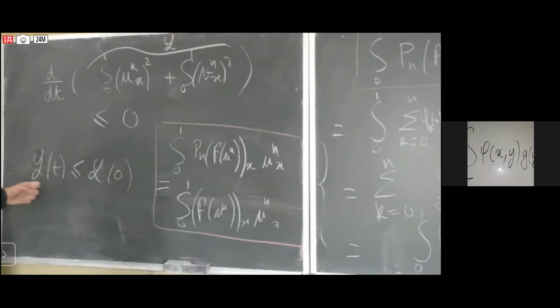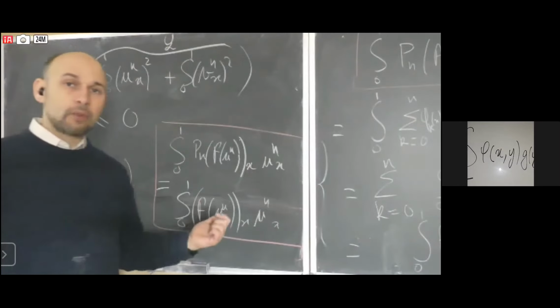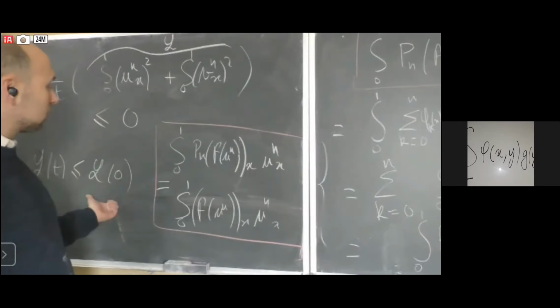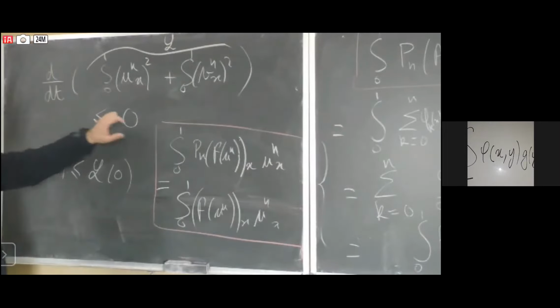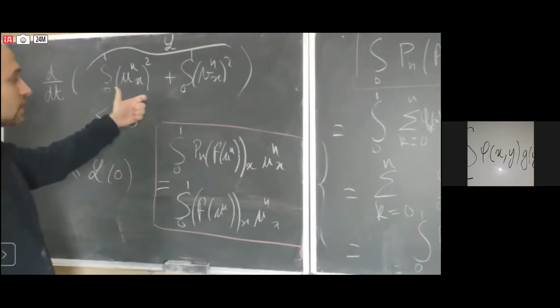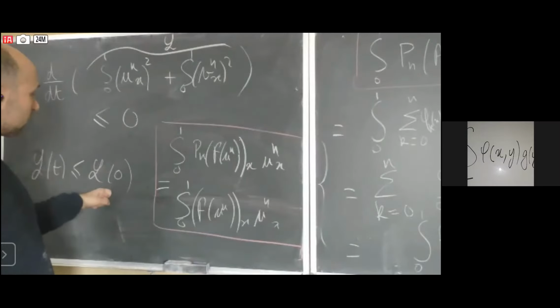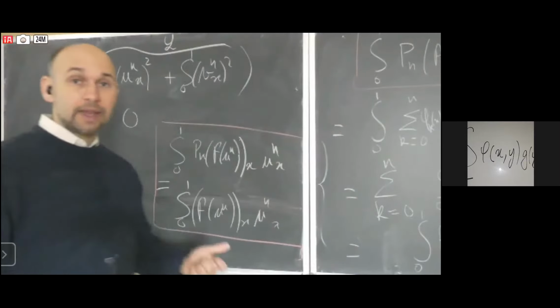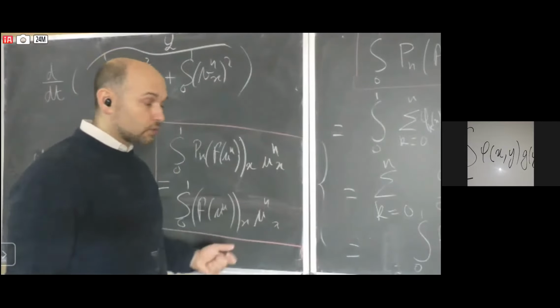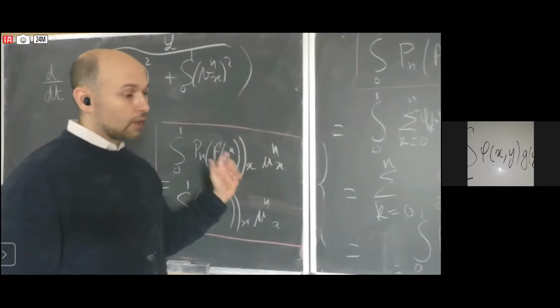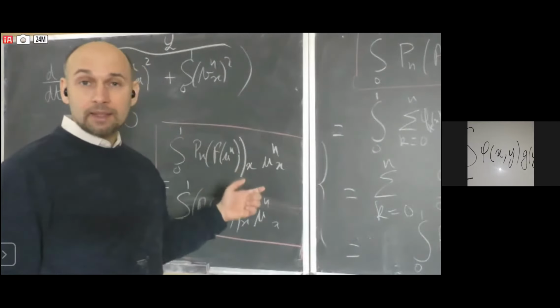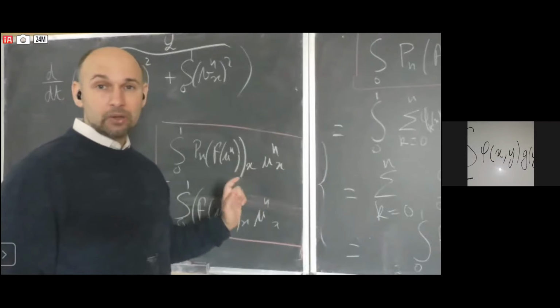So this is bounded. And you have the compact injection from H1 into L2. So with the two inequalities, this means that my trajectories are compact in H. And since you have this compacity, this means that the omega limit set of any initial condition is not empty.